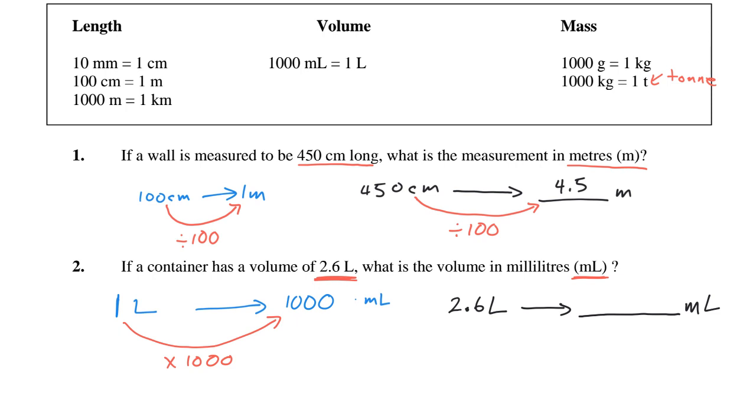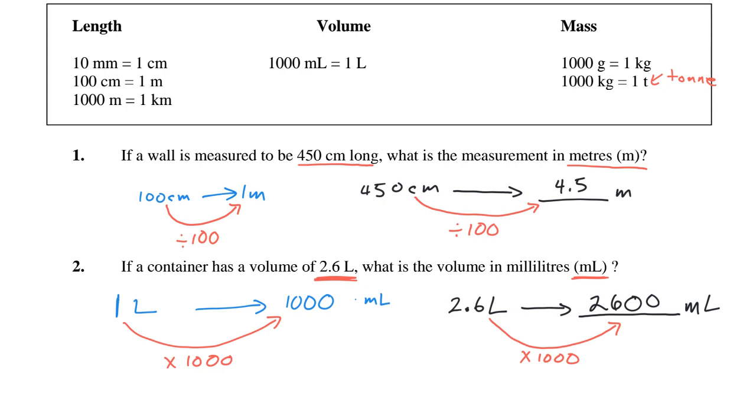And we're going to use the same operation that we did on that previous equation. That means we're going to take 2.6 times 1,000, which will give us 2,600 milliliters as our final answer.